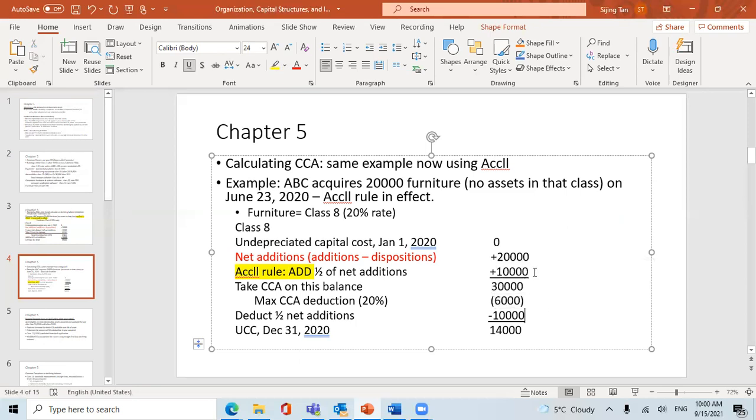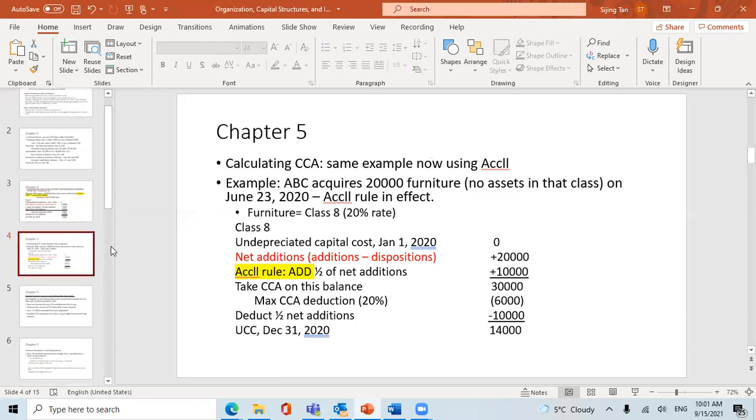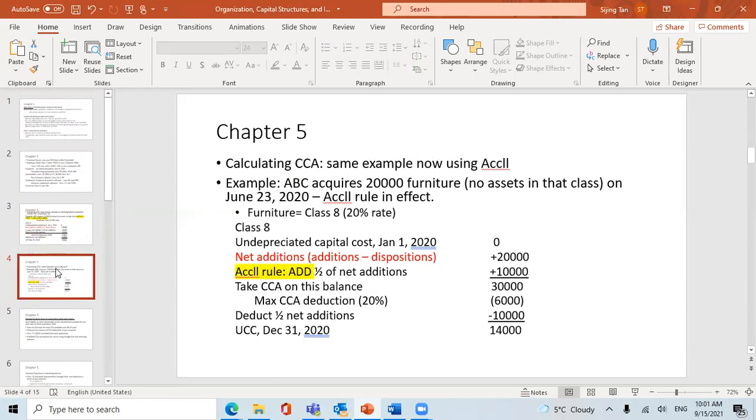So at the end of the year, your undepreciated capital cost will be $14,000. So the add-in for accelerated investment incentive rules is to add back half of the net addition. The half-year rule will just deduct half of the net addition. This add-in or deduction will have to be added back or deducted at the very end when you need to calculate the UCC. Okay, so very straightforward examples.